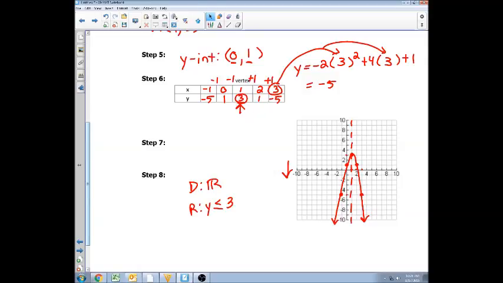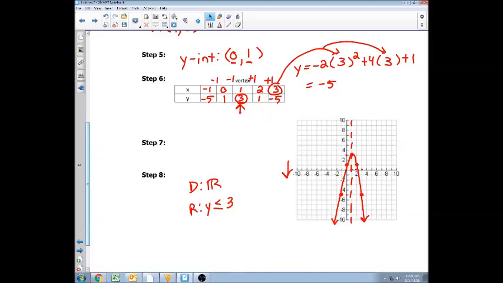The x portion of our vertex is going to be just our axis of symmetry, and our y will be whatever number we calculate. Okay, the y-intercept is your c. Remember to place the vertex in the center of your table, and after you have graphed it all, double check that your graph opens the correct direction, and finally remember your domain and range.